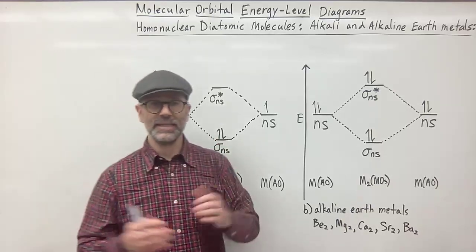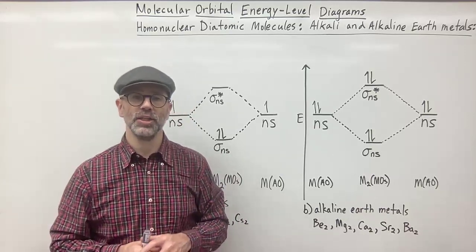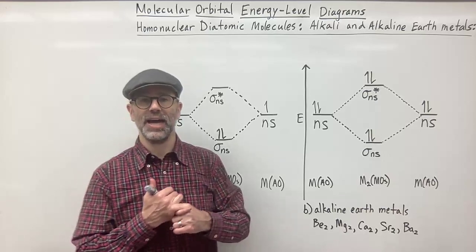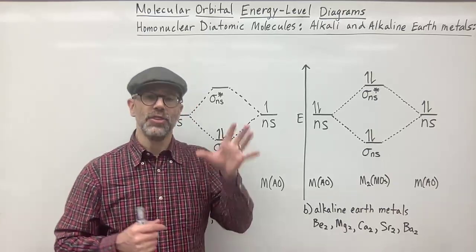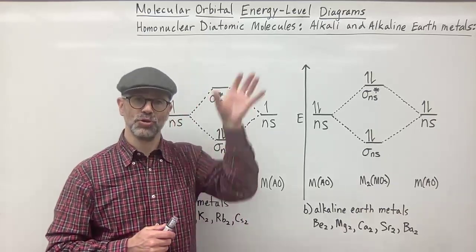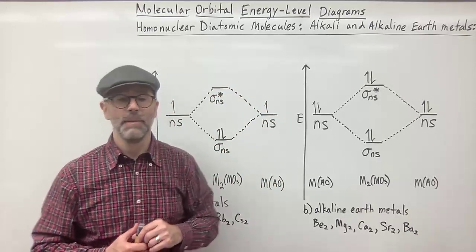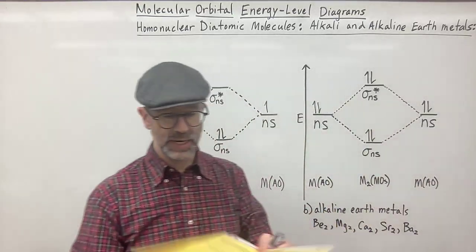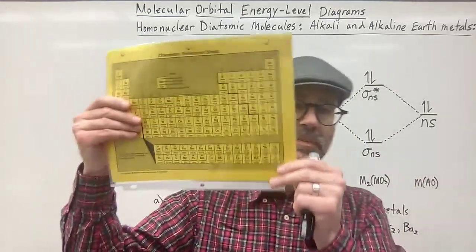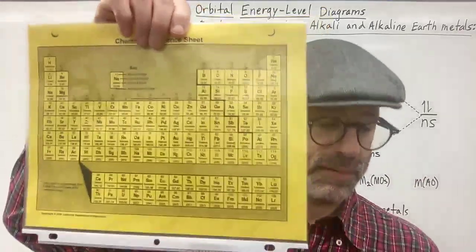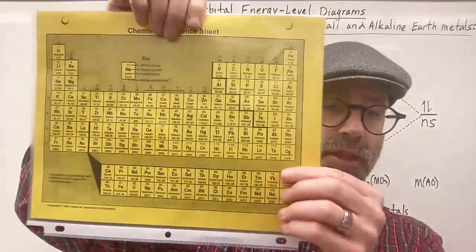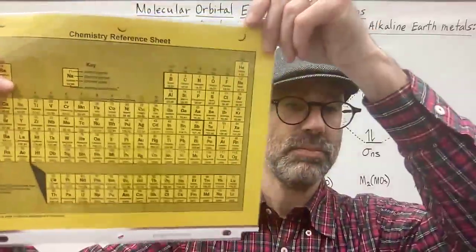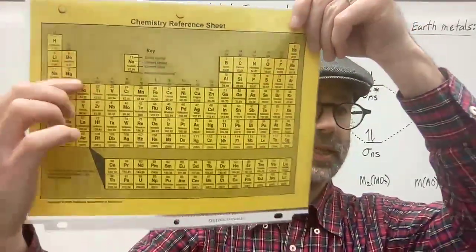So again, as I said, in this video we're going to be talking about the homonuclear diatomic molecules that involve alkali and alkaline earth metals. These are the first two groups, groups 1 and 2 in the periodic table. So if I show you quickly on the periodic table here, you'll see these two groups on this side over here.